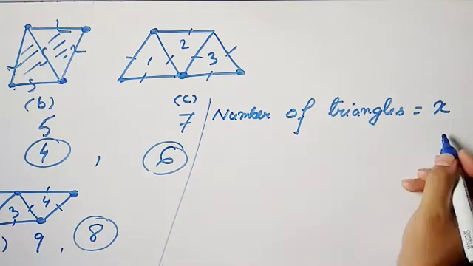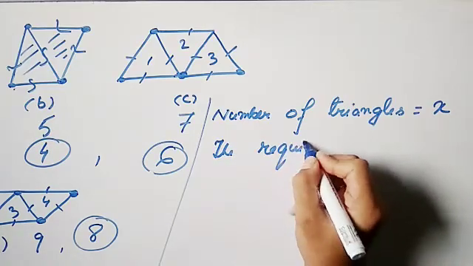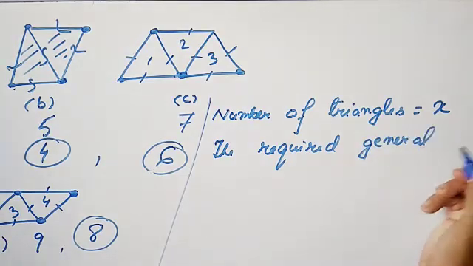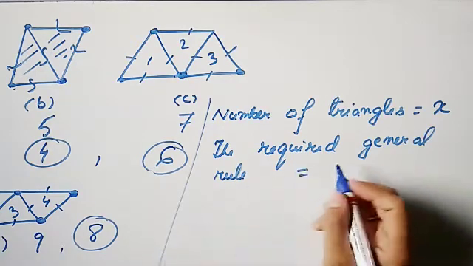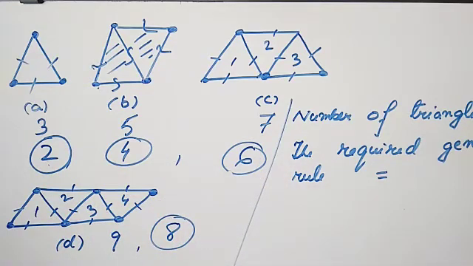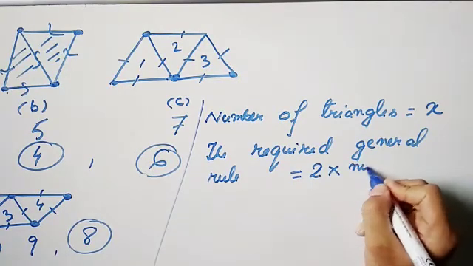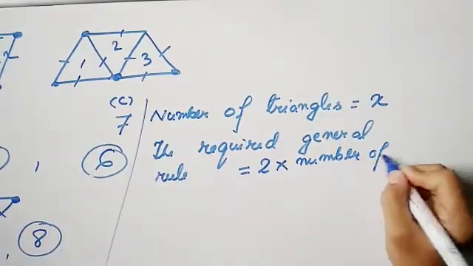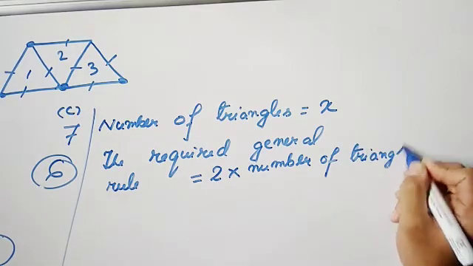So if we take the number of triangles as x, then the general rule will be given by, since these numbers 2, 4, 6, 8 make a multiplication table of 2, we will have 2 times number of triangle, right? 2 times number of triangle.